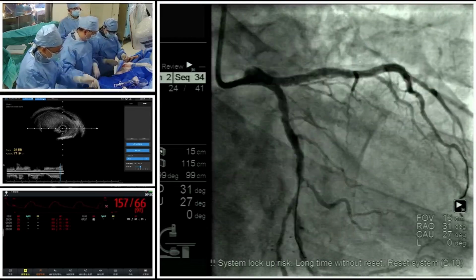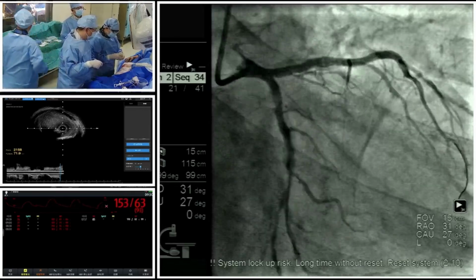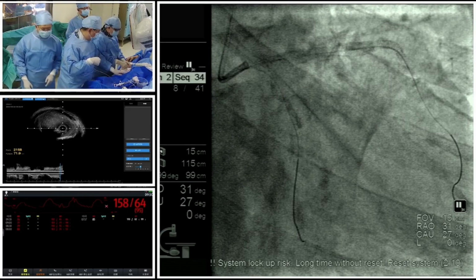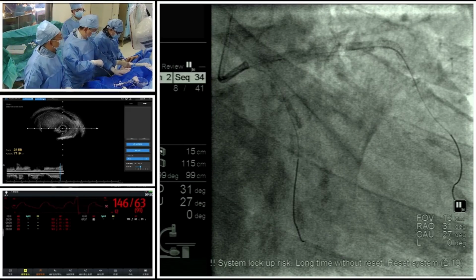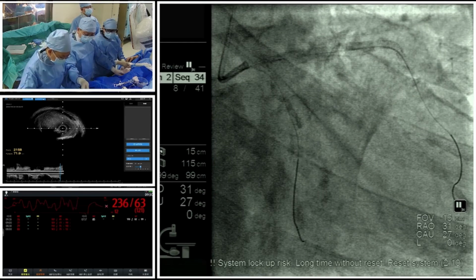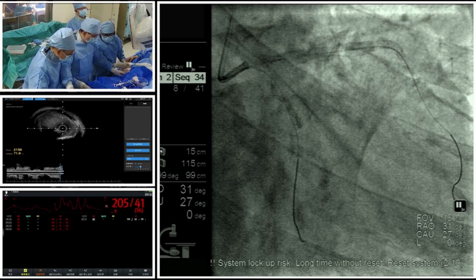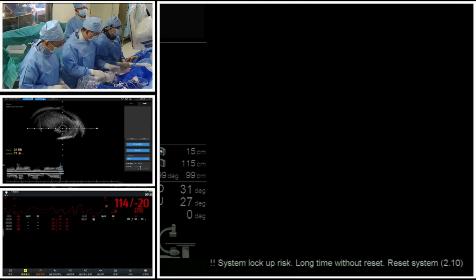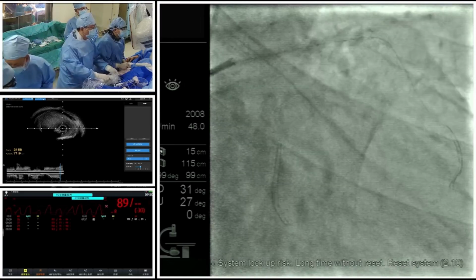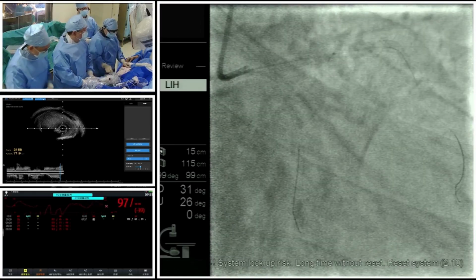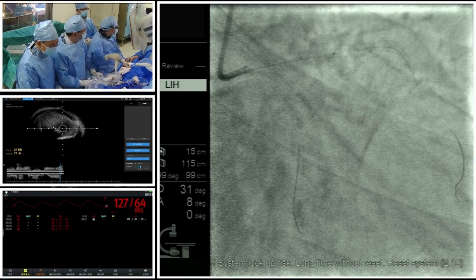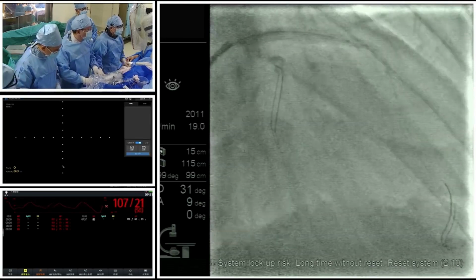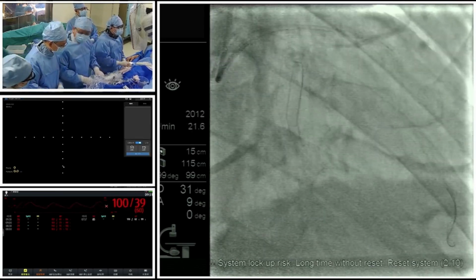So if we want a larger acute lumen gain, we should choose the rota first. But Dr. Cao and I have paid a lot of attention to the articles recently, and we cannot find articles about which one is better for the minimal stent area after the stenting.